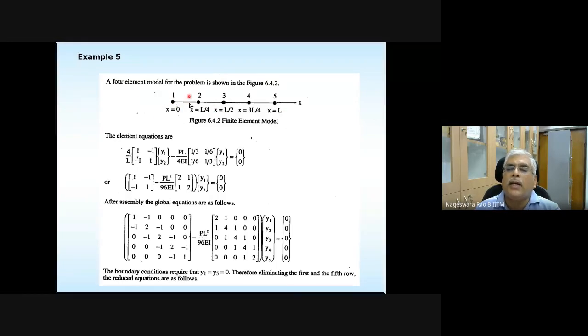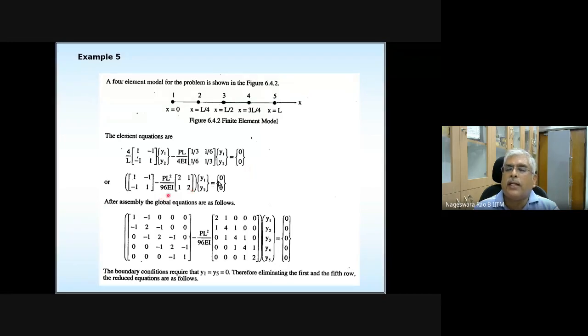For each of the elements, you assemble the element equations. So here for the first element, equations are assembled. And since the length of other elements are same as the first element, the element equations look similar except wherever y1, y2 are there for first element, you replace with y2, y3 for second element, y3, y4 for the third element, y4, y5 for the fourth element.